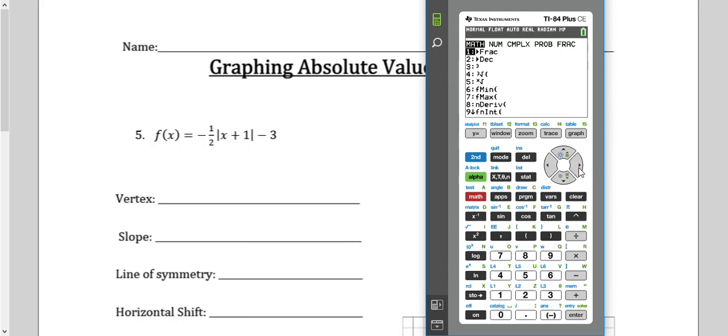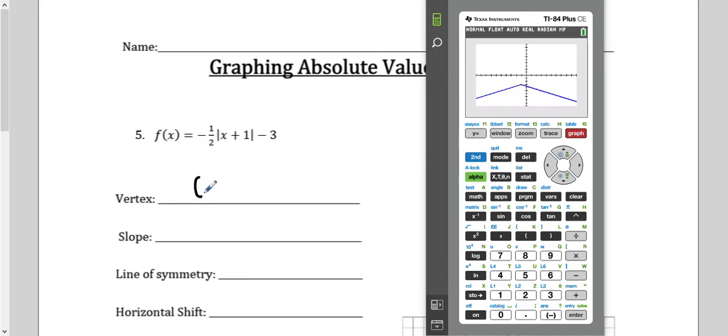Absolute value, math, numbers, ABS, x plus 1, minus 3, we're going to graph it. You see how it's a negative, so it's opening down. And because of the 1/2, it's a compression, so it's a wider graph.